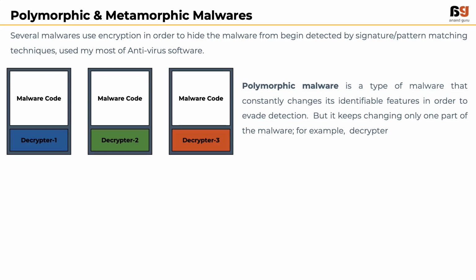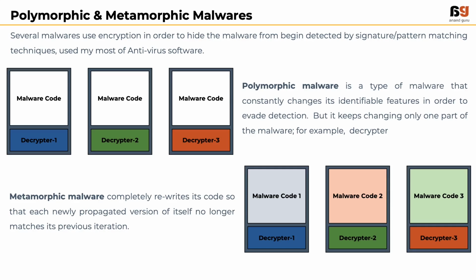However, it keeps changing only one part of the malware. For example, it could be the decryptor. In metamorphic malware, however, the malware completely rewrites the code. As you see in the image, both the malware code and the decryptor keep changing. Another name for such malware is self-modifying malware.